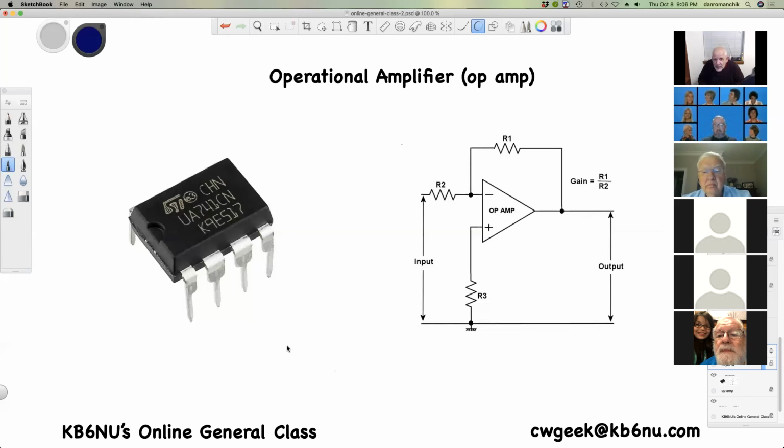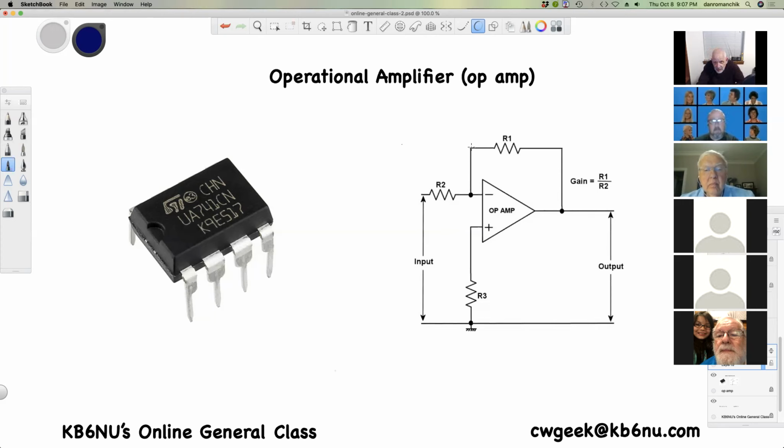You can also use op amps to do other functions, not just simple linear amplification. As a simple example, it all has to do with frequency response, right? Last week we talked about capacitors, the reactance of a capacitor going down as the frequency increases, and the reactance of an inductor going up as the frequency increases.